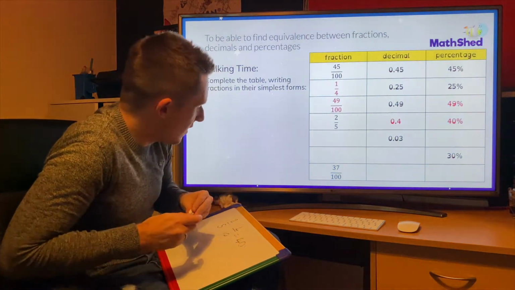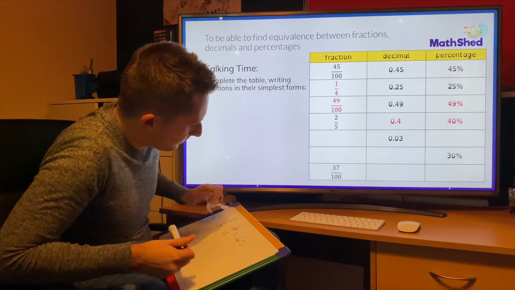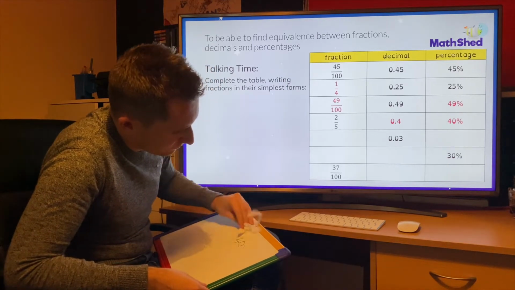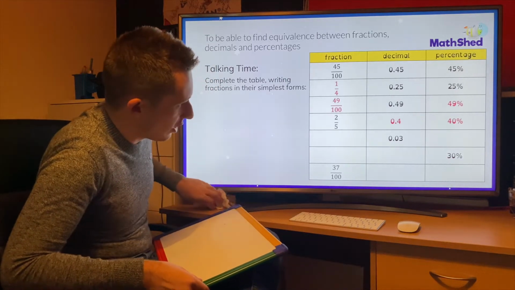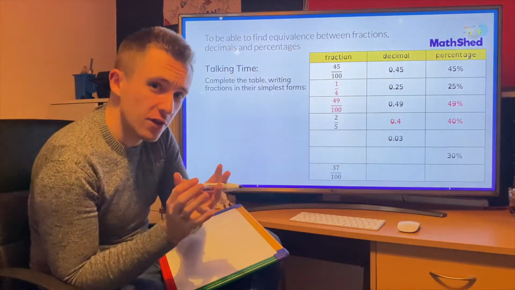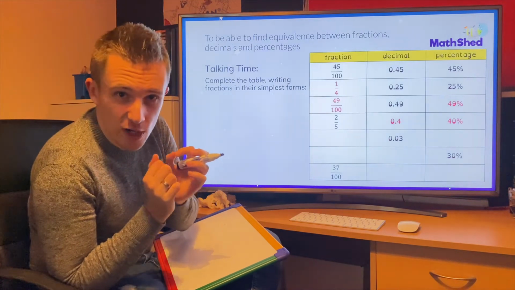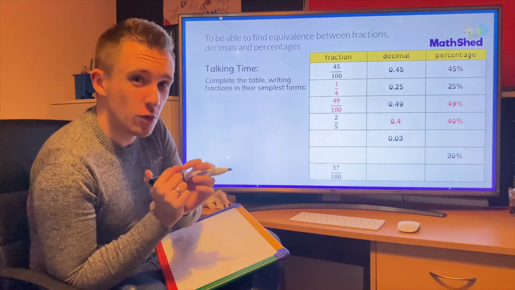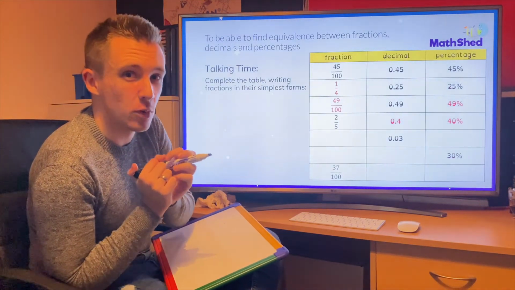Lovely. The next one is 0.03. Now, 0.03. I'm going to show you two possible answers for this. I want you to tell me which one is the correct one and which one is the common mistake that people make.